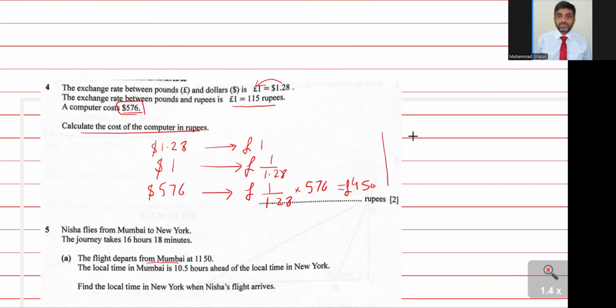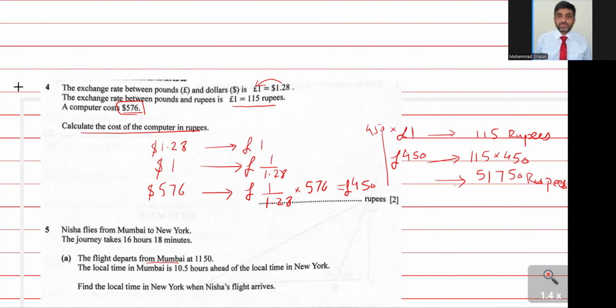Here 1 pound is equal to 115 rupees, and therefore for 450 pounds, we will multiply 1 by 450 on the left side, and this value also multiply by 450. Therefore, 450 pounds will be converted into rupees, and this value is equal to 51,750 rupees. This is the answer.